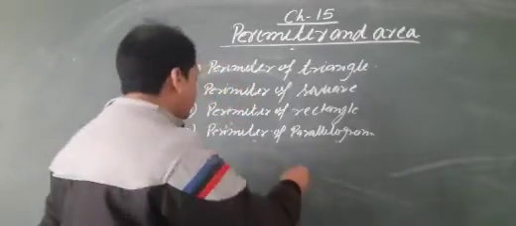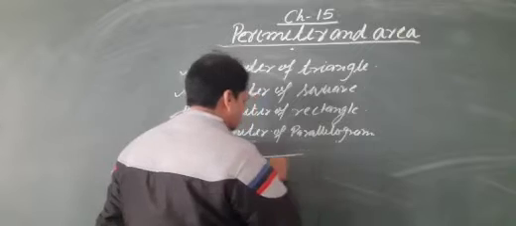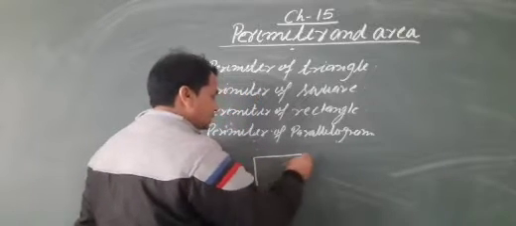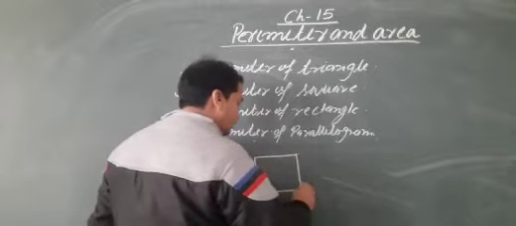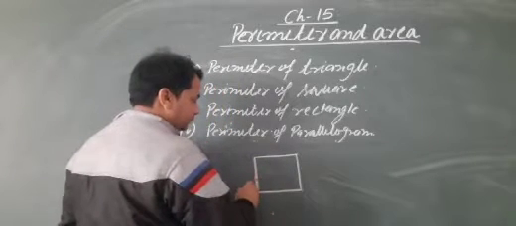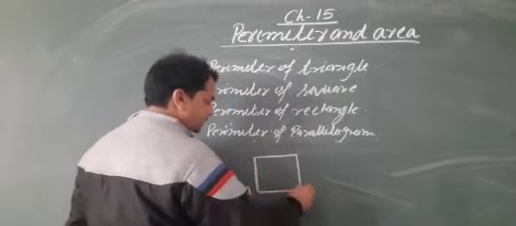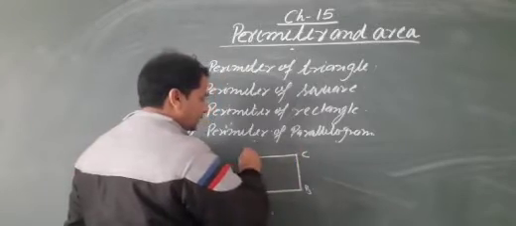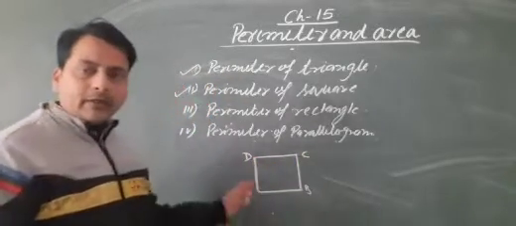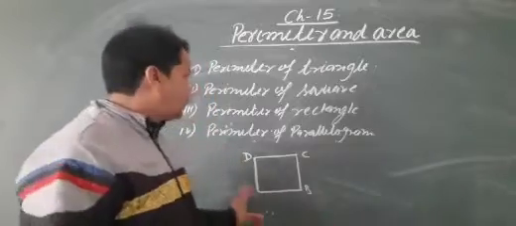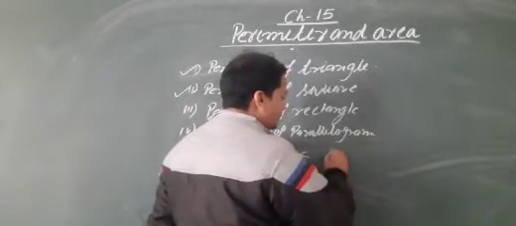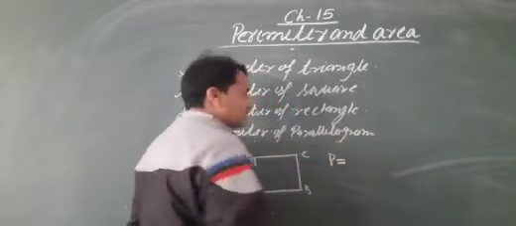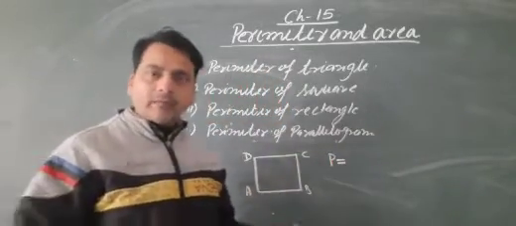So ABCD has four sides and all sides are equal. The perimeter of any figure is the sum of all sides, the length of the boundary.